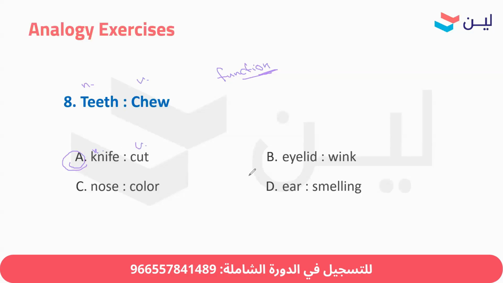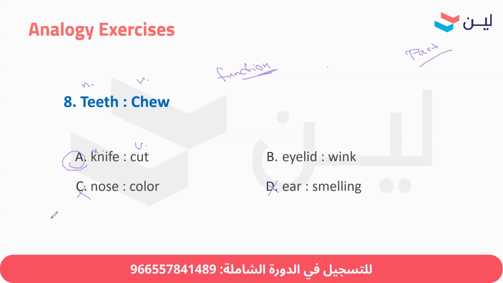So sometimes the part of speech, now it seems easy, but later on, in the advanced course, in the advanced questions, you will find that you can use the parts of speech just to eliminate, for example, D and C, right? This is a strategy. So we use teeth to chew, like how a knife is to cut.